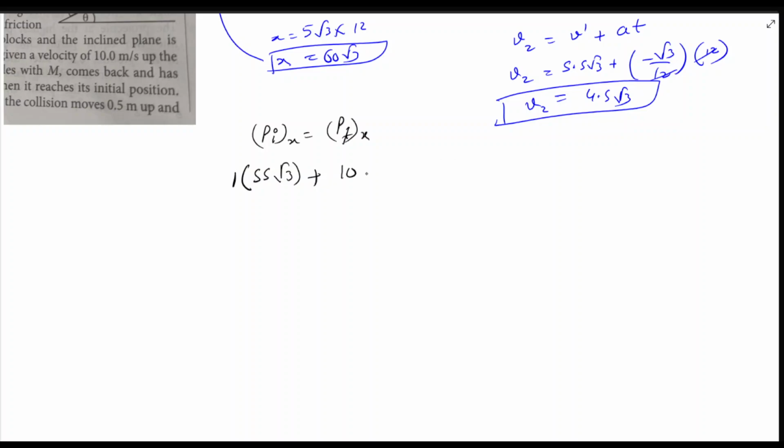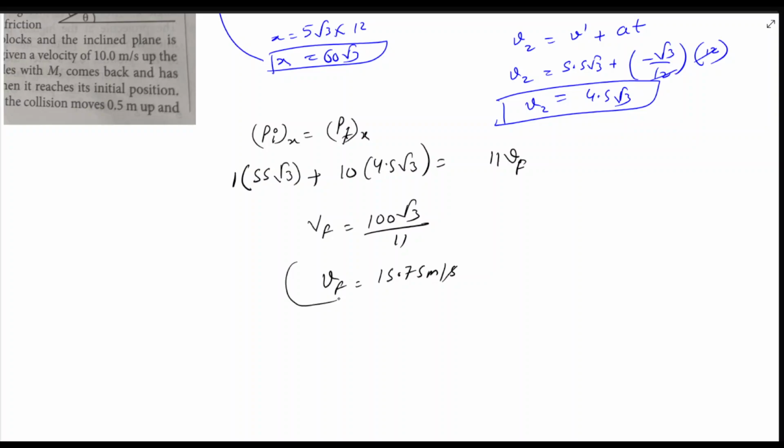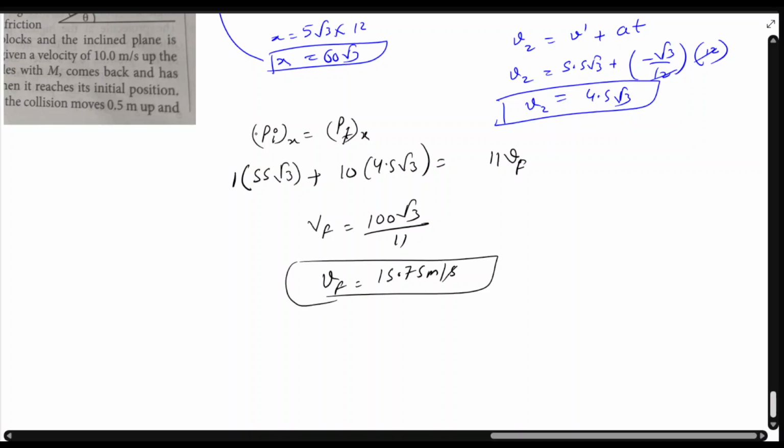So it will be 10 into 4.5 root 3 and finally all will stick together. So it will be 11 V final. So V final will come out to be 100 root 3 divided by 11. So V final will be this. So it will be approximately 15.75 meter per second. Okay. So this momentum I have conserved for this.